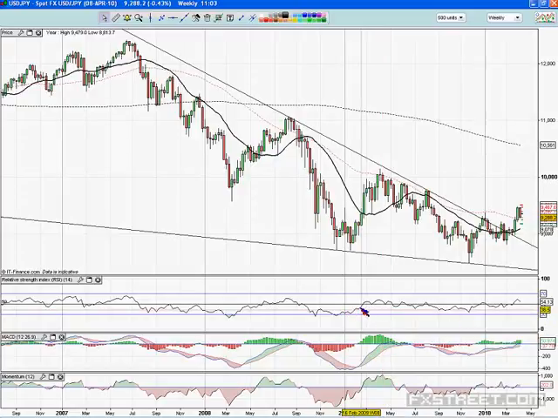A lot of the time, the market will move back to the 50 level, only to push lower again. So while we're underneath the 50, we consider ourselves to be in a bearish trend. Above the 50, in a bullish trend.